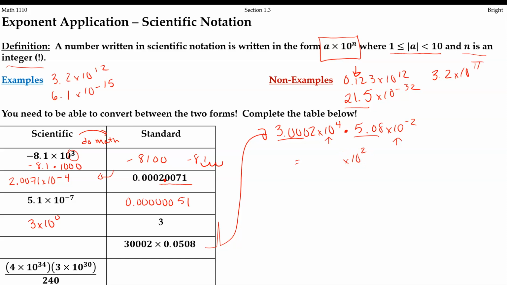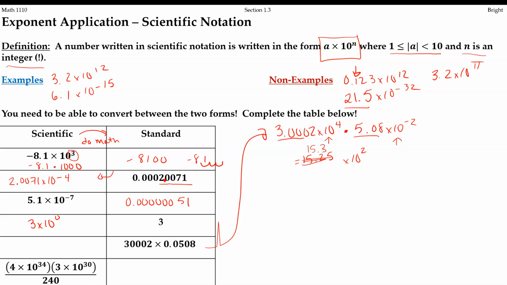Then for the other part, let's see what we get. I got 15.25-ish, and here I truncated. If we want to round, that is perfectly okay, and that's kind of the expectation that your chem faculty have, so let's just write this as 15.3.